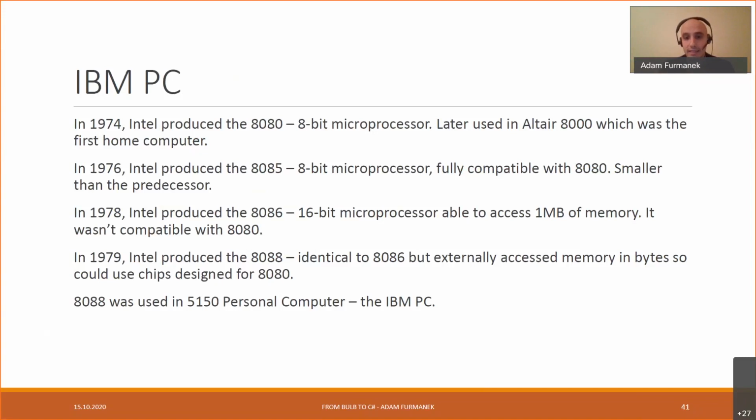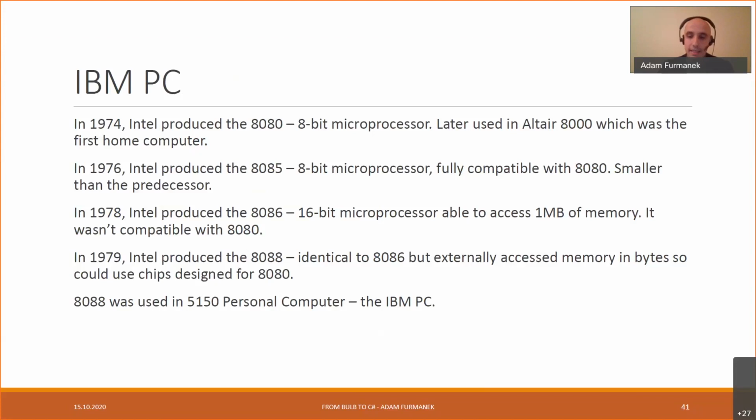And then the 8086, which was a big step forward because it was a 16-bit microprocessor, so it could address much more memory. However, the 8086 was not compatible with the 8080, and then the 8088 was constructed, which was 16-bit and also compatible with the 8080.